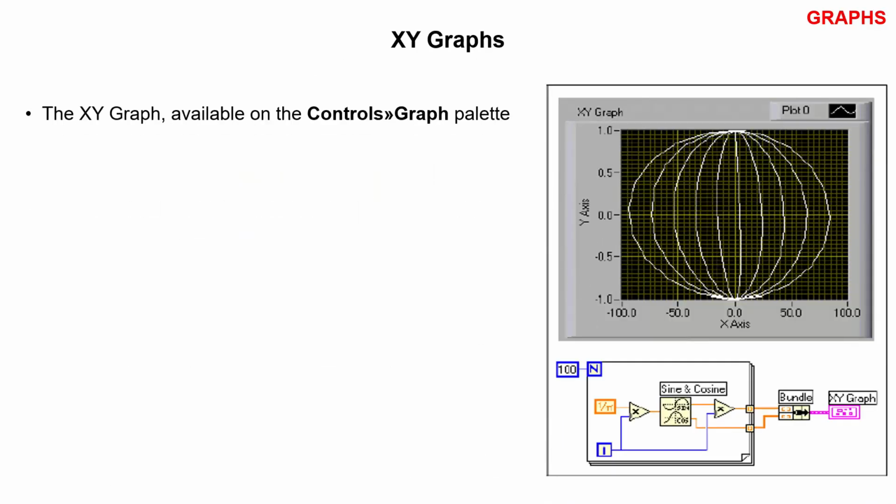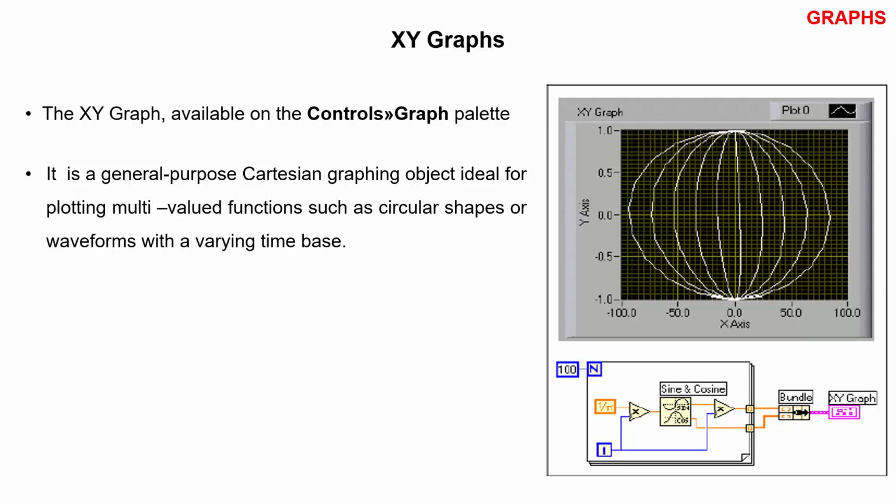XY graph. The XY graph is available on the controls palette and graph subpalette. It is a general purpose Cartesian graphing object ideal for plotting multi-valued functions such as circular shapes or waveforms with a varying time base.